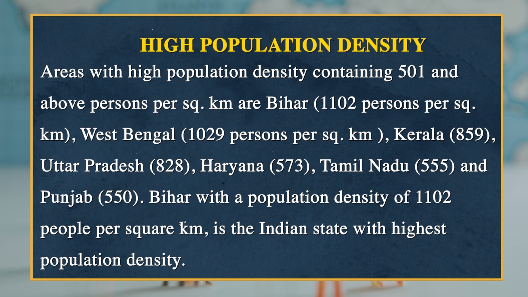Bihar, with a population density of 1102 people per square kilometer, is the Indian state with highest population density. Arunachal Pradesh, on the other hand, has lowest density of population.